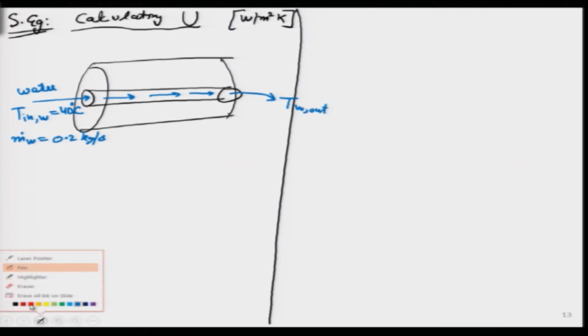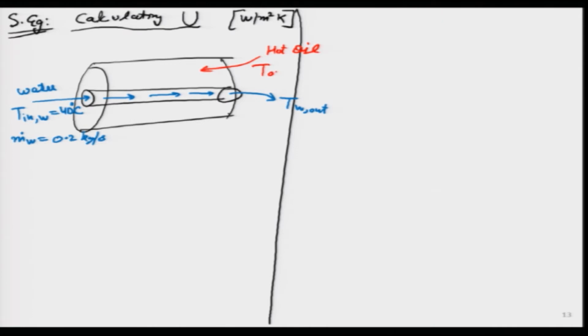The oil, which is really hot, is entering over here. So, I will say hot oil enters over here. This is T oil in, it is at 100 degrees centigrade. This is T oil out and this temperature we will figure out later on. The oil is travelling like this and it is also travelling through the annulus over here. I also know the dimensions of these pipes.